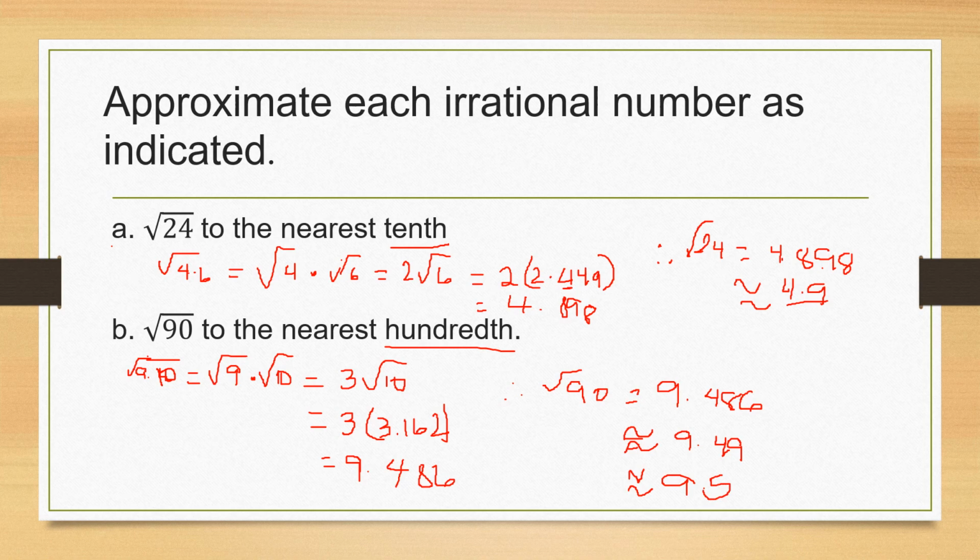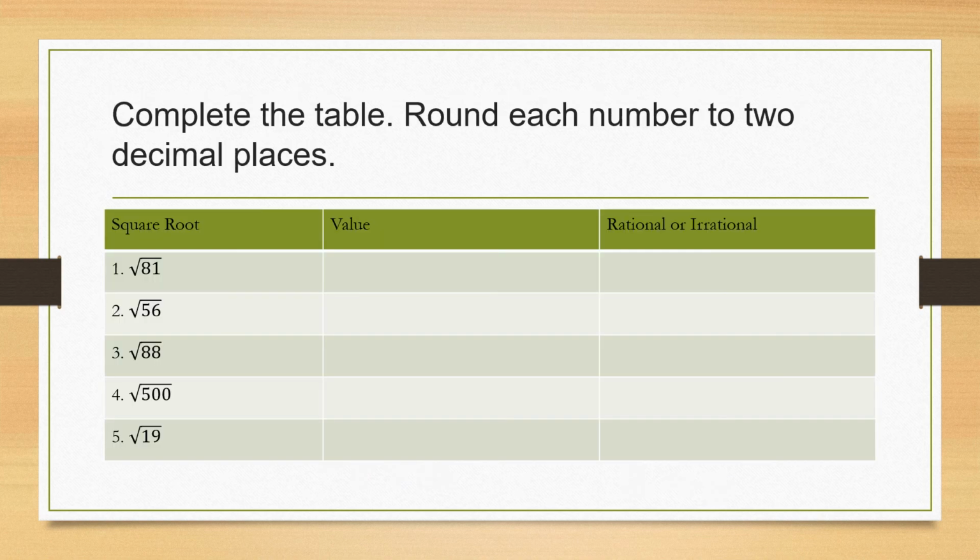Any question? All right. So let's have another activity. Complete the table, round each number to 2 decimal places. All right. So we have here the square root of 81. And the square root of 81 is 9. And 9 is rational or irrational?